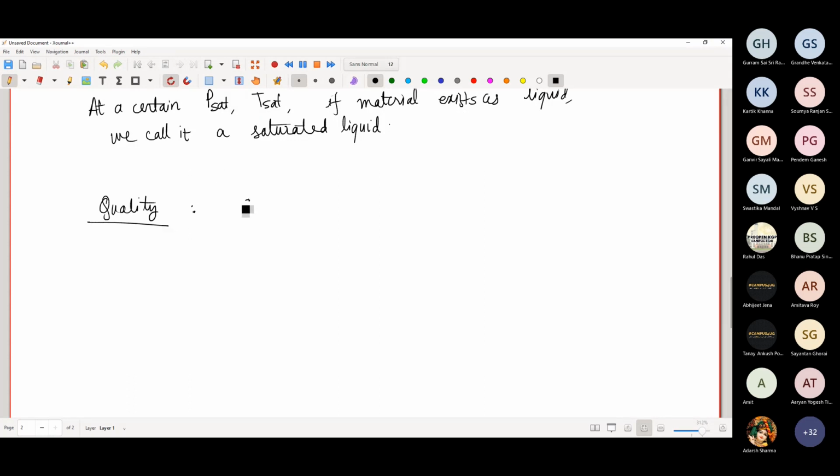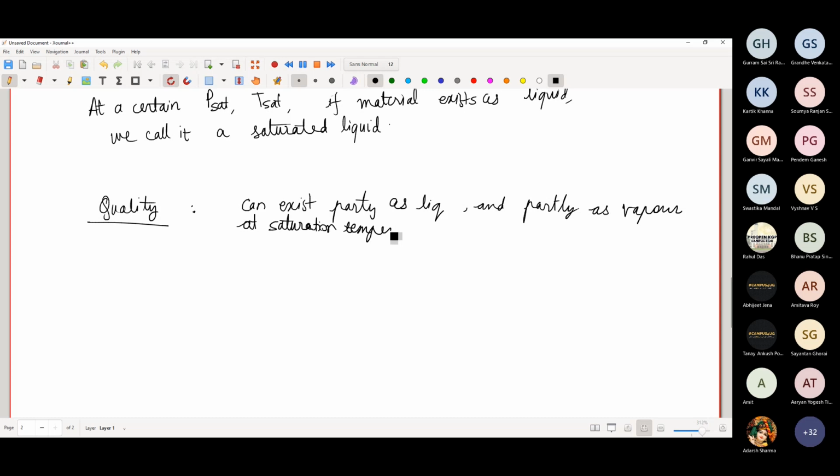The substance can exist partly as liquid and partly as vapor at saturation temperature for a given saturation pressure.